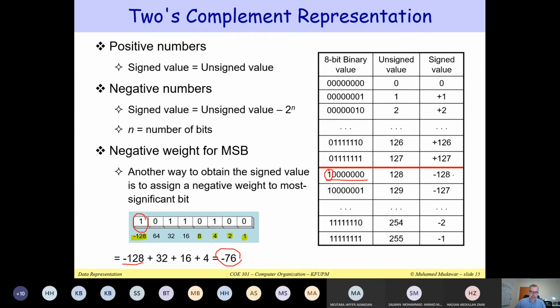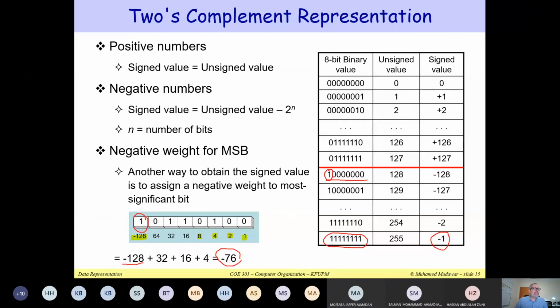And this number is just negative 1, because if you add negative 128, and all of these bits make plus 127, as we have seen above, then minus 128 plus 127 gives you minus 1. So this is how you can obtain the decimal value of a signed integer which is in the 2's complement representation.